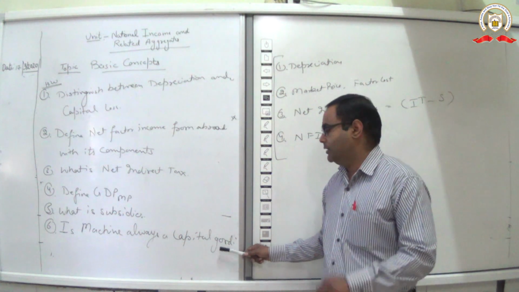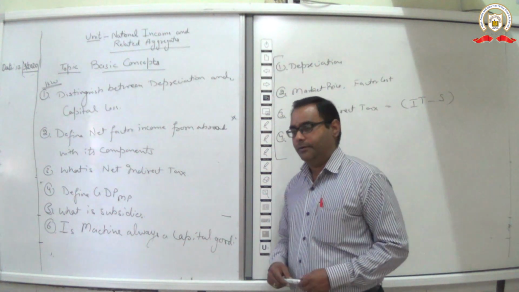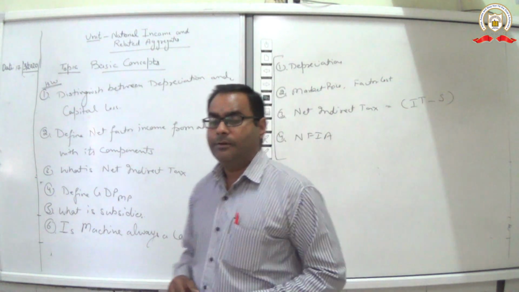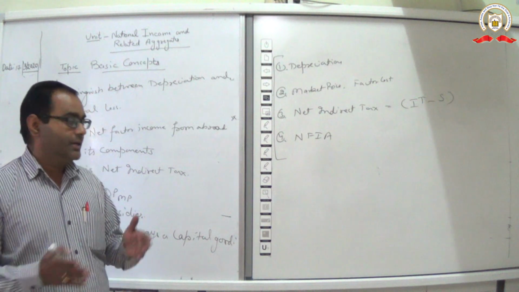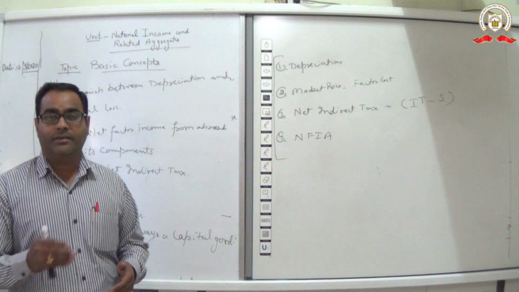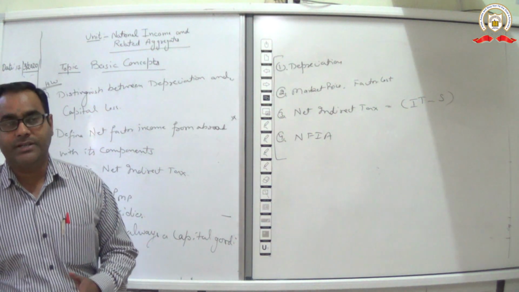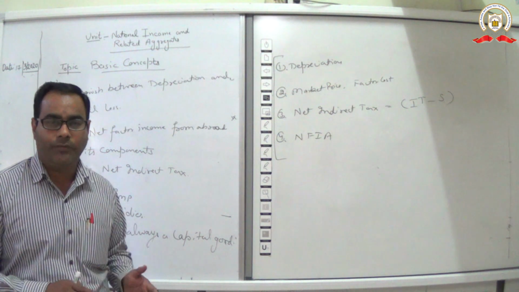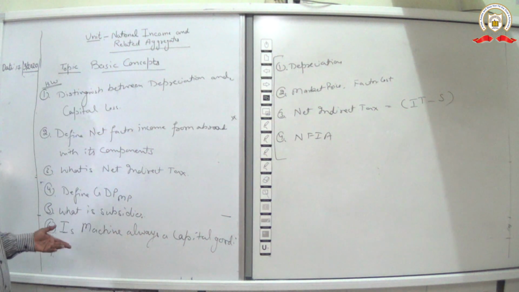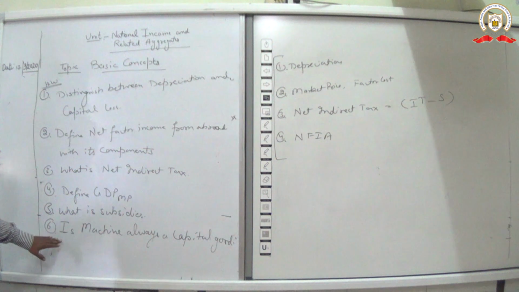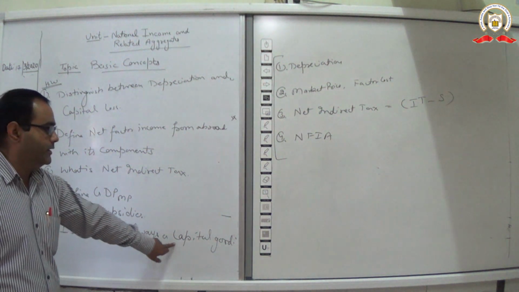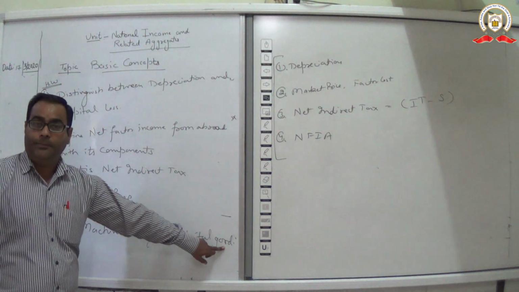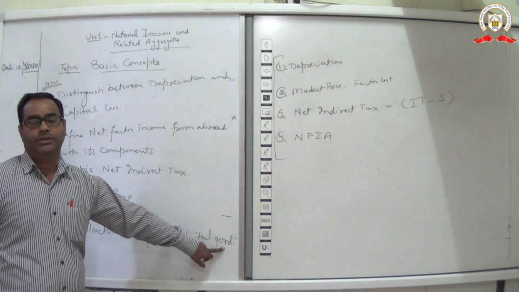It may be a consumer good. For example, a washing machine purchased by a laundry is termed as capital good. But the same washing machine, if purchased by a family or housewife, will be termed as consumer good. So you have to write, no, machine is not always a capital good. It depends on the use of the machine.